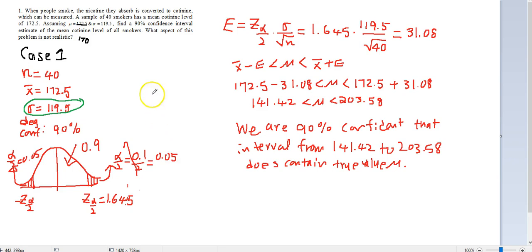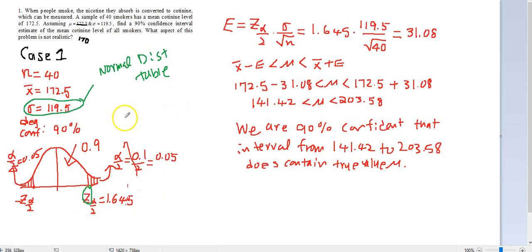So if you know the sigma, then we know that we have to use the normal distribution table, and that's why you see that Z over here. If you don't know what sigma is, let's say you know the sample standard deviation S, then you have to use the T distribution table, and this becomes a T alpha over 2.